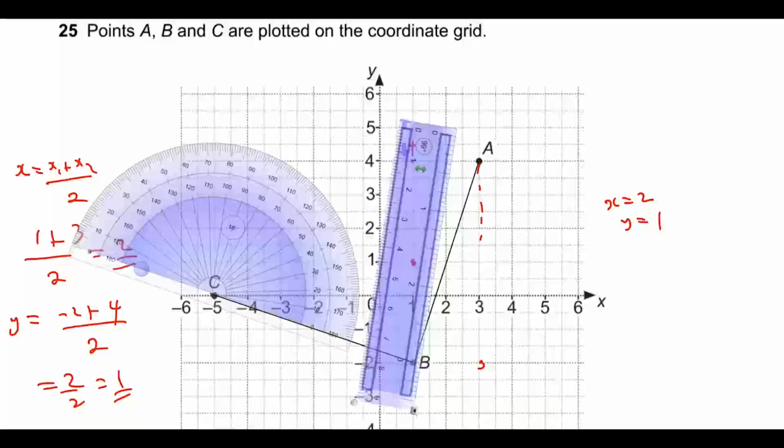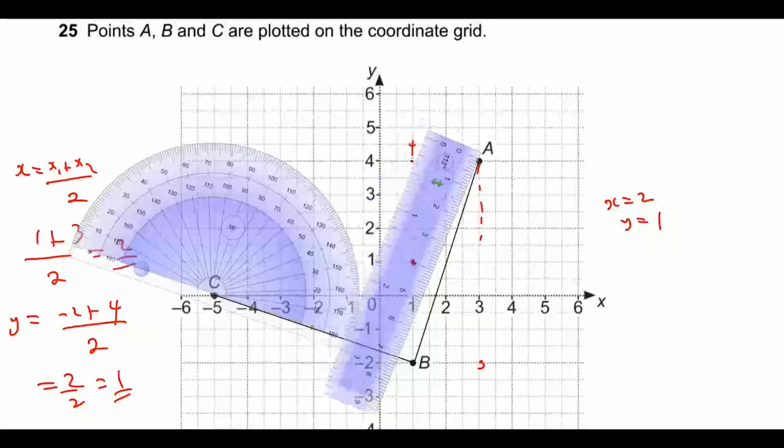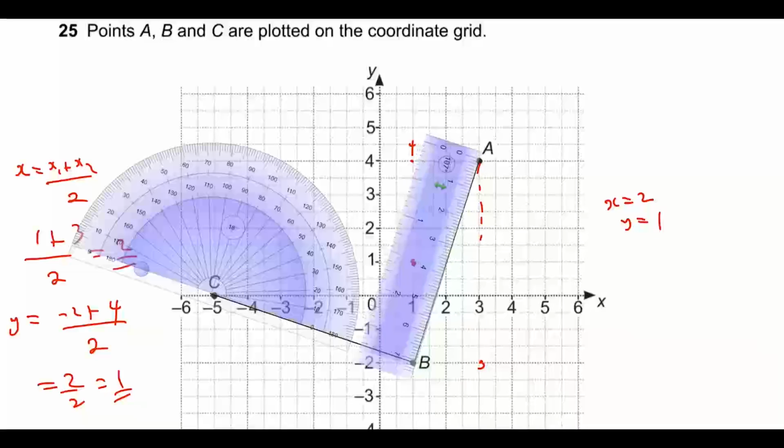So if I adjust this like this, good. So I can bring the reading here. Let me adjust this. If you measure this, from A it is on 0, and here is 7. So that means AB is 7 centimeters.